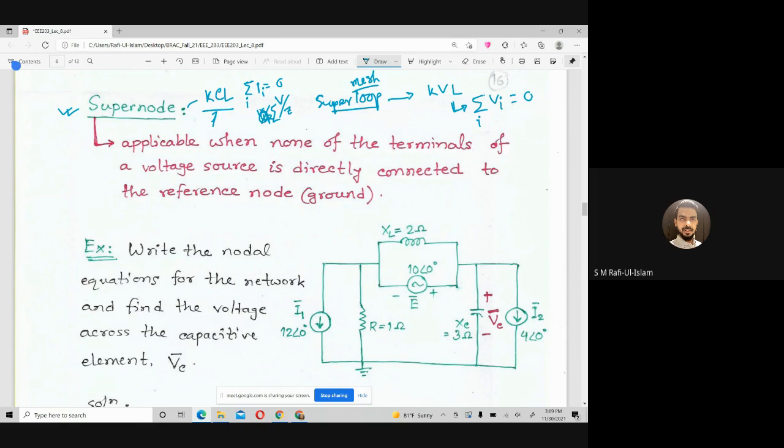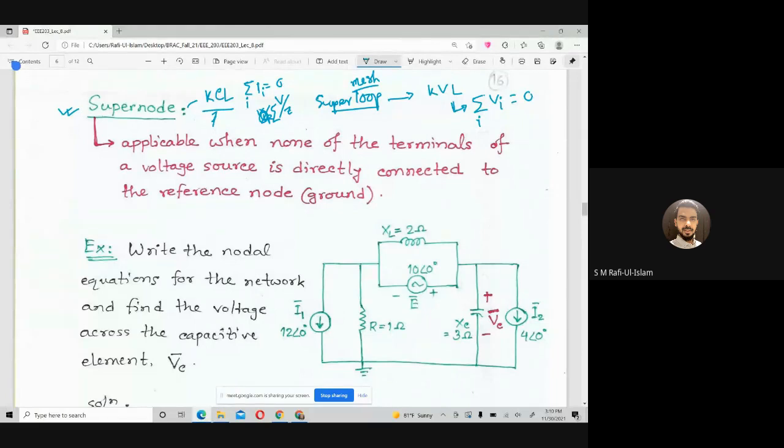But sometimes the circuit is connected in such a way that we cannot find the value of current or of V divided by Z, the equivalent term of current. In that case, we need to use a super node.